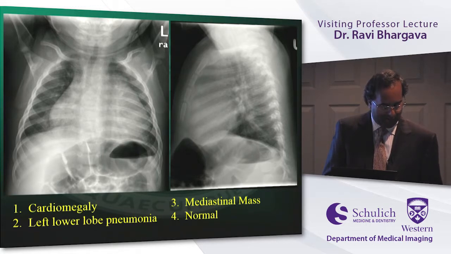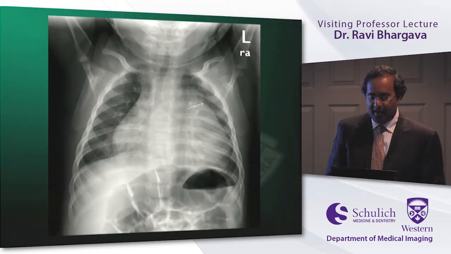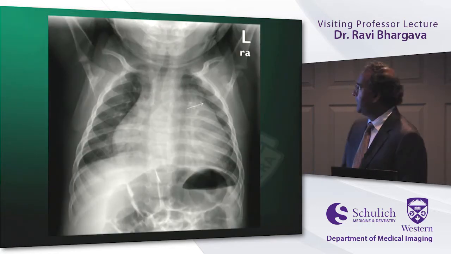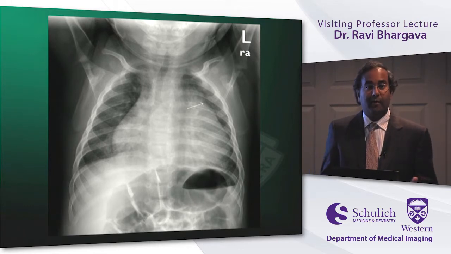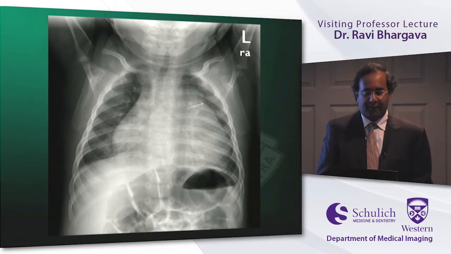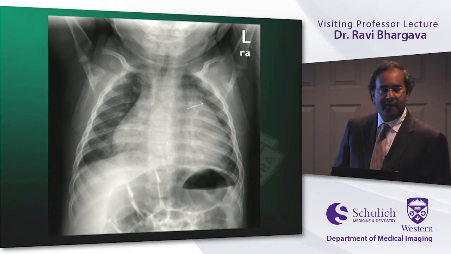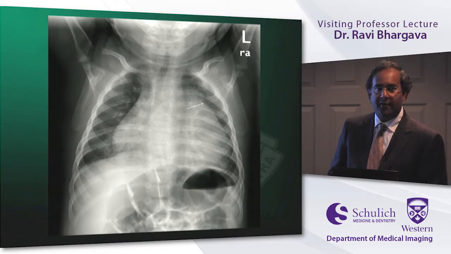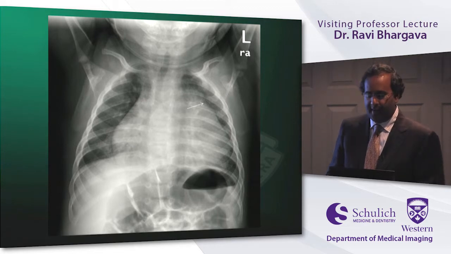Okay, so I've got answers from most people, and the most common response that I got back was cardiomegaly. If we look at this chest x-ray, there's a couple of interesting things. The mediastinum looks enlarged. It looks prominent, it looks wide. But if we look on the left border of the mediastinum, we can see that there's an undulated pattern to that heart border, and it corresponds to where the ribs are.